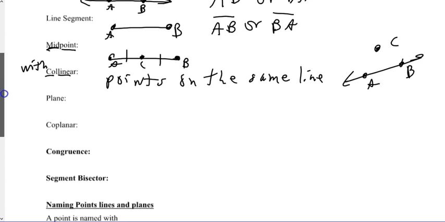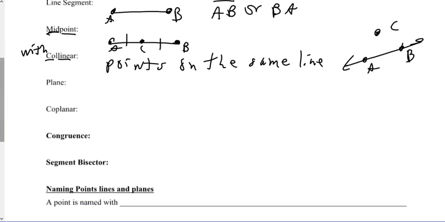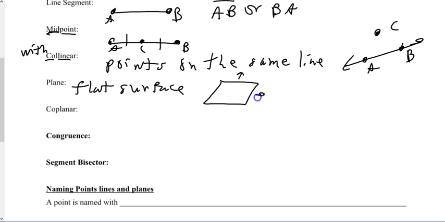Okay, a plane. A plane is a flat surface. All right? Now, with a plane, we generally draw it like a parallelogram. That represents the plane. Now, your desk is a plane, the piece of paper you're writing on is a plane, but theoretically, a plane is like a line, and it goes on forever in all directions.